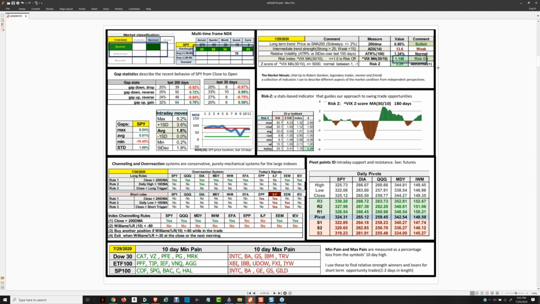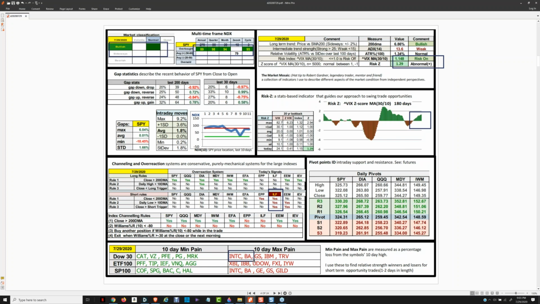Risk Z is still favoring the long side, not quite long in the tooth yet. It has to get above 2 to really be worried about that. Latin America is the one that, if we see market weakness, ILF would be the way to go. I would also look at Mexico or Brazil as a way to focus even more sharply on that.